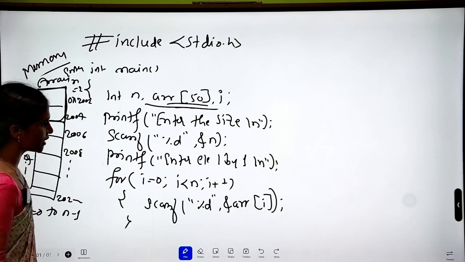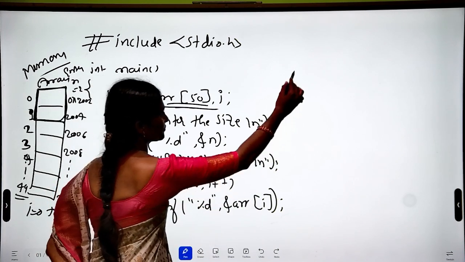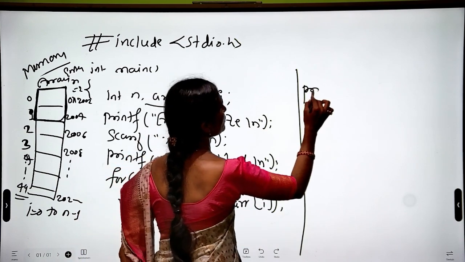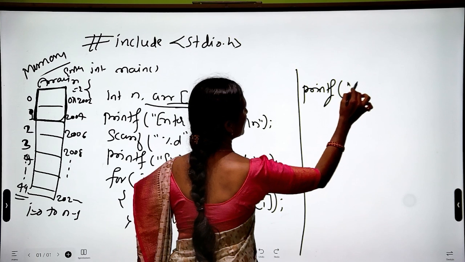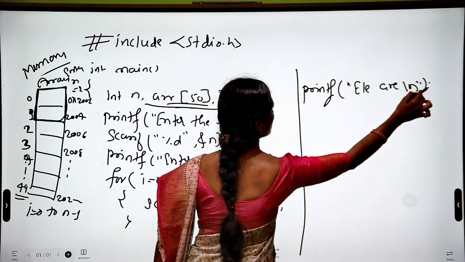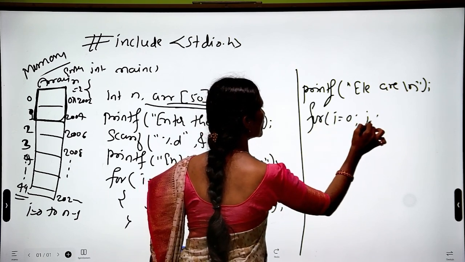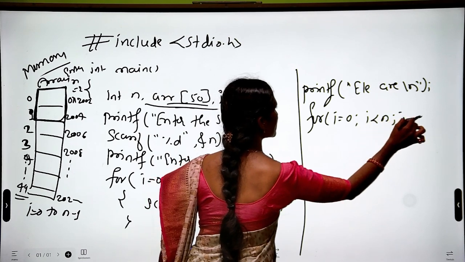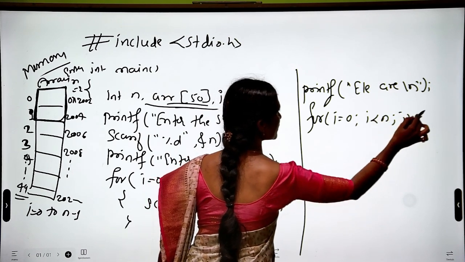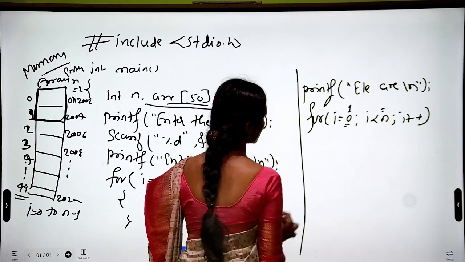If you want to display the elements, then printf, the elements in the array are. Again we have to use a for loop, the counter starts with 0 and goes up to n. As it is from 0, it is less than n; otherwise if it starts with 1, we have to write less than or equal to.